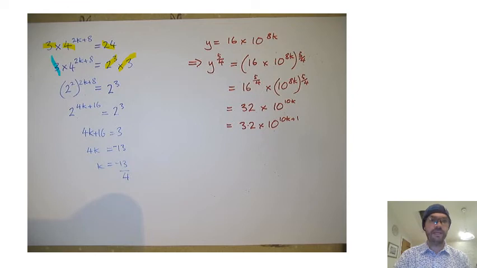That 3 cancels with that 3. I've now got 2 cubed on one side and 4, which is 2 squared, there. Multiply them. They must be the same. Solve it.